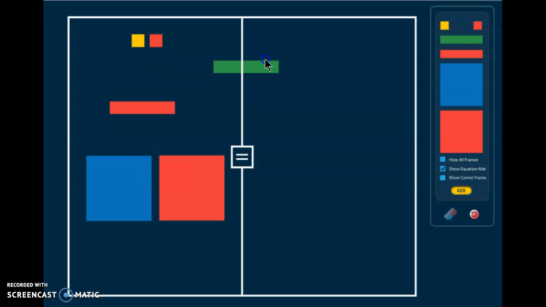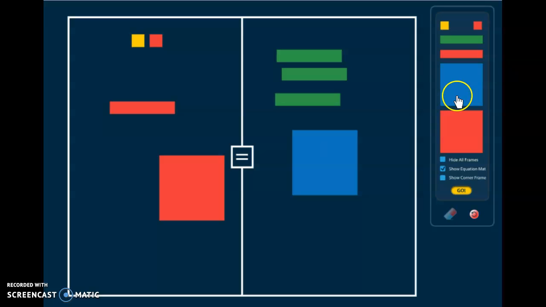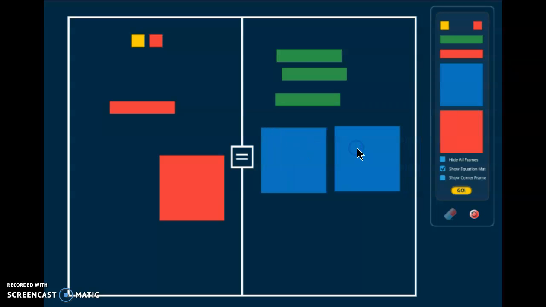So if I had, say, 3x plus 2x squared, I could not simplify that because these are not the same thing. I cannot combine them. Where if I had 3x minus 2x, I can see these are the same, and these would actually combine and cancel each other out, and I could make just x.